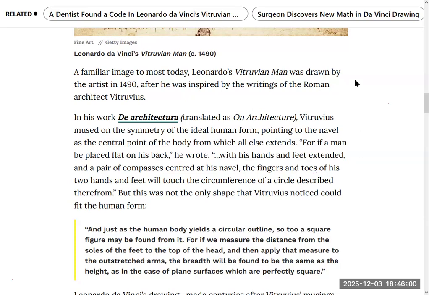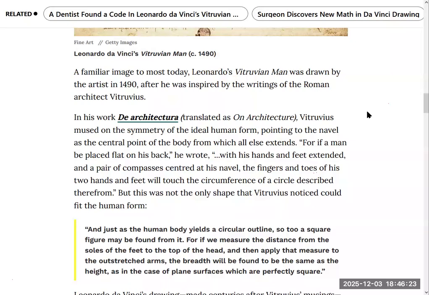So, any words there that are a little bit not clear, or anything else you want to go back over? Let's see. Vitruvius.